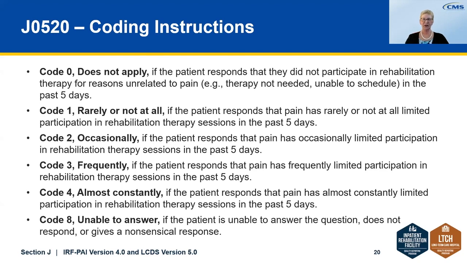So for this, you're going to think about, well, either therapy was not needed or they were unable to schedule it in the past 5 days. You'll code 1, rarely or not at all, if the patient responds that pain has rarely or not at all limited participation in rehabilitation therapy sessions in the past 5 days.